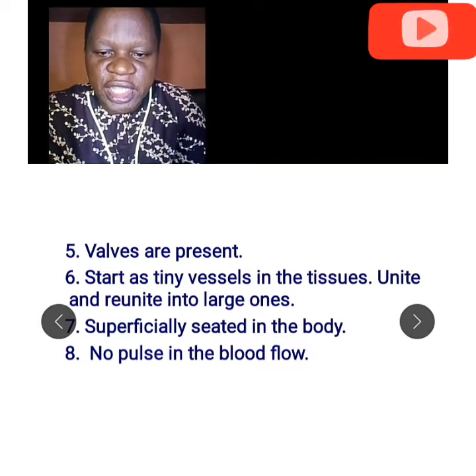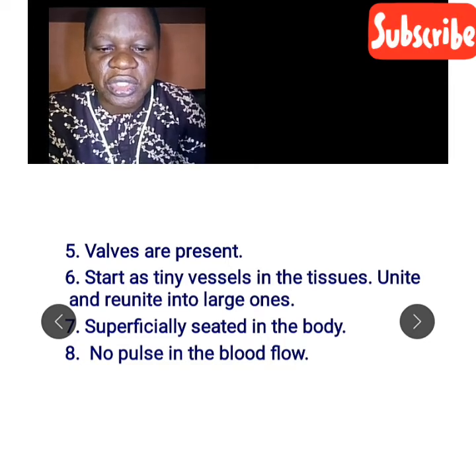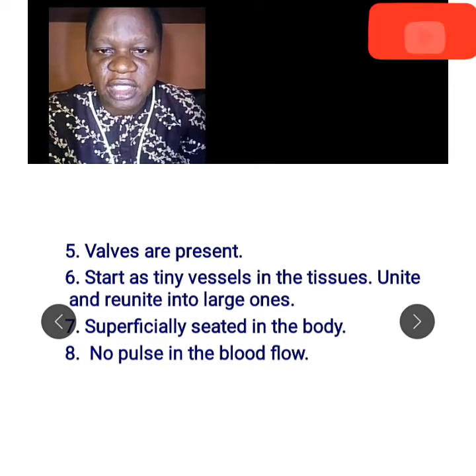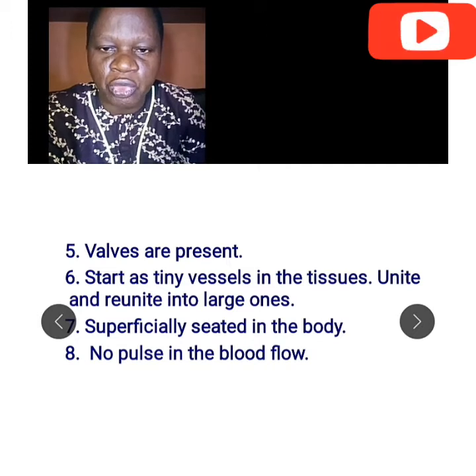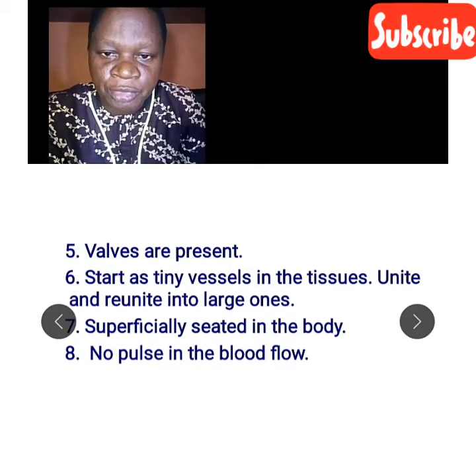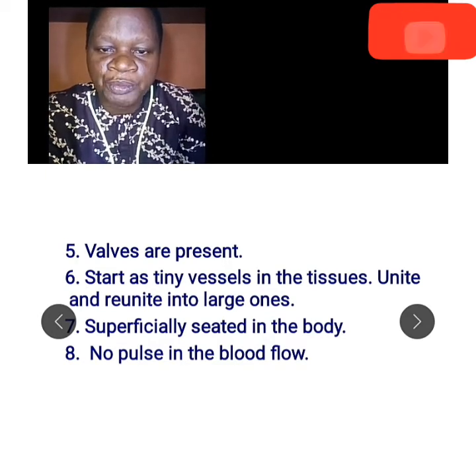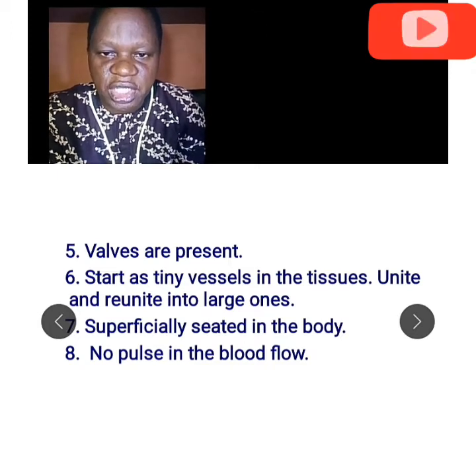Then the veins are also superficially seated in the body. If you look at some part of your skin, you can easily see your vein. For example, you've gone to the hospital and they want to administer either a drip or an injection intravenously.